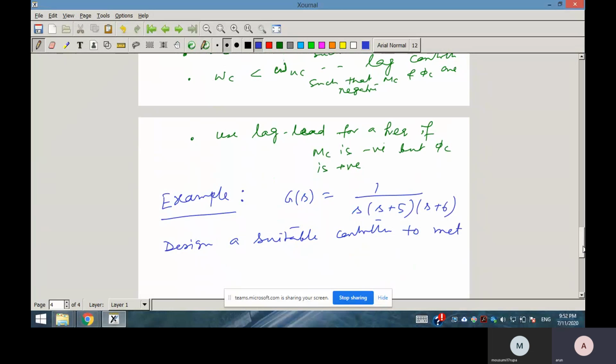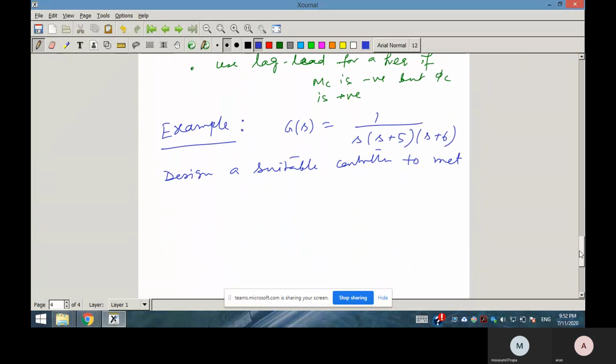Suitable means lag, lead or lag-lead, wherever required, to meet the following specifications. A: Kv equal to 10, that means velocity error constant, and B: phase margin equal to 45.